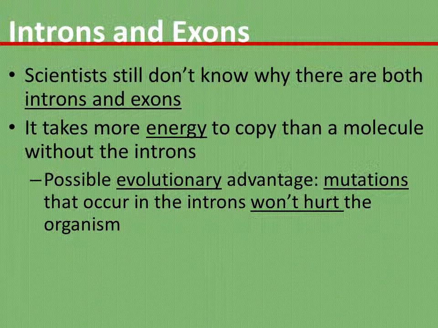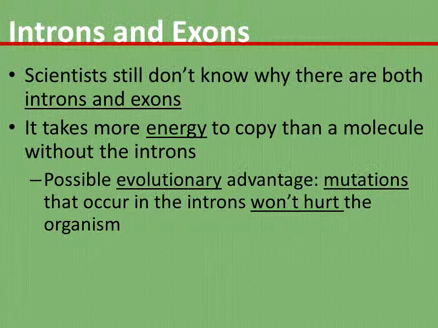It's been hypothesized that one possible advantage to having all of these introns is if something happens to your DNA that messes up one of the bases, called a mutation, it's not going to hurt the overall organism.